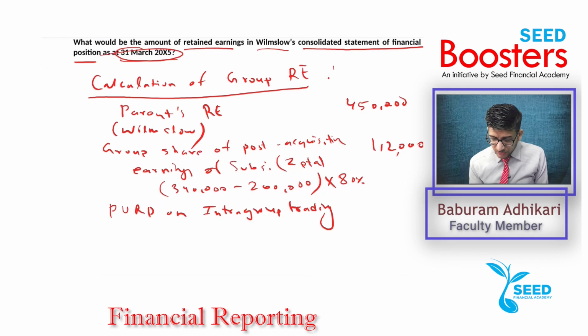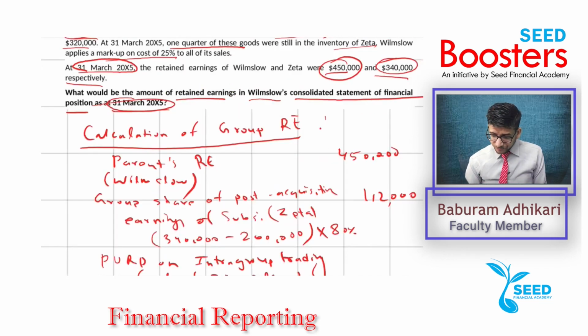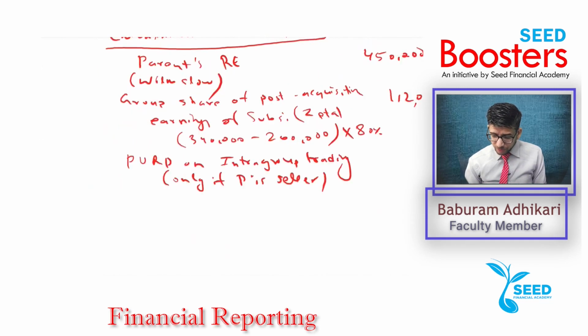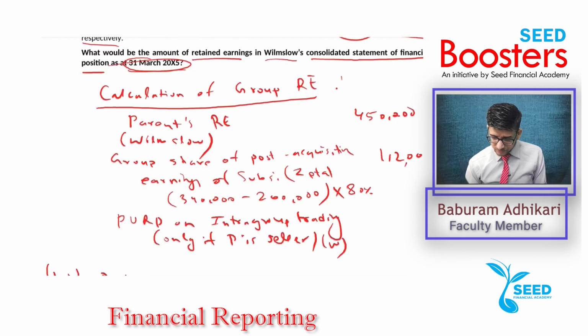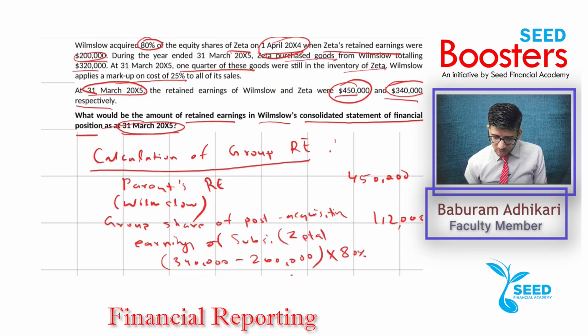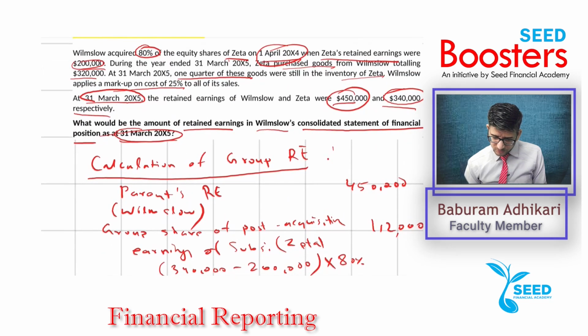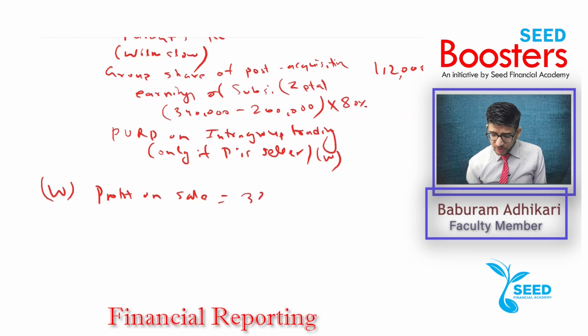So only if P is the seller, let's calculate the PURP here. I am doing it in workings. Total profit on sale: total sale is 320,000, and a markup of 25% is used.